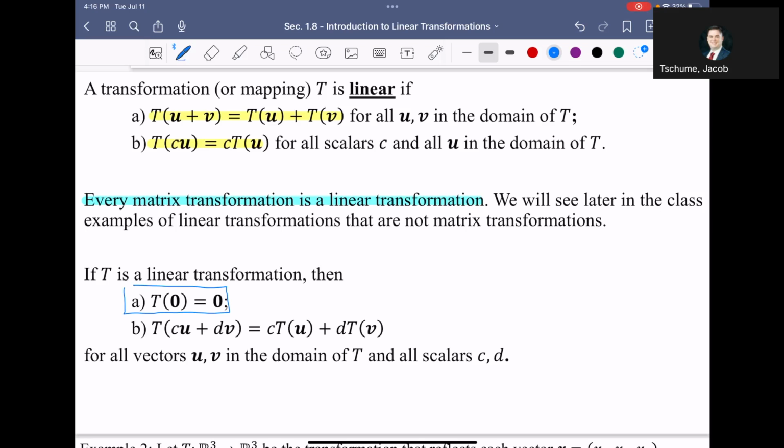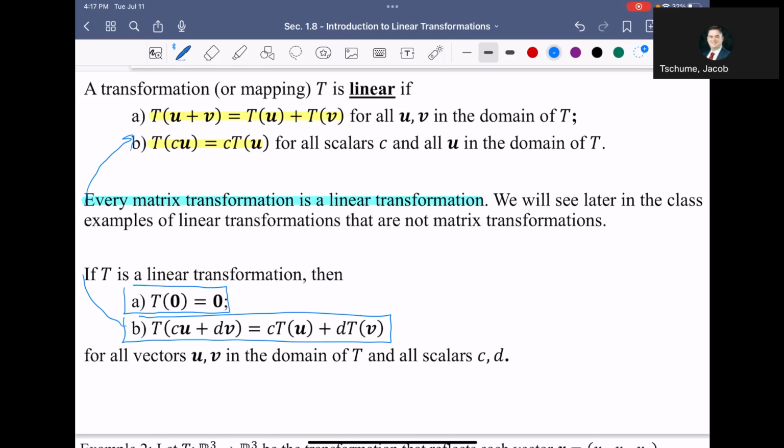The one that's more important to me in this case is part B, because what part B does down here at the bottom is it puts parts A and B above into one step rather than doing it in two steps. So it says that if you do the transformation of CU plus DV, this will equal C times T of U, plus D times T of V.